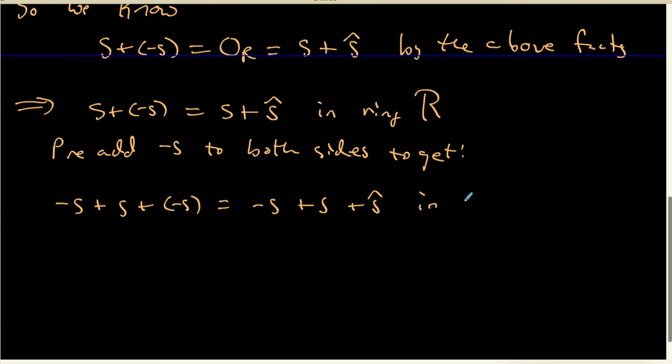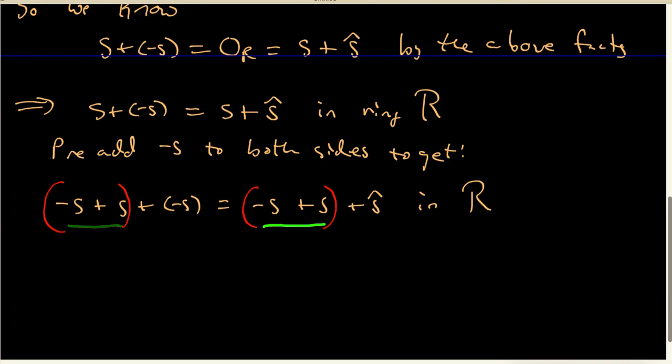And this is an equation inside the ring R. Now again, we can associate the terms however we want, because addition is always going to be associative in rings. So I'm going to put in parentheses there. And the stuff inside the parentheses is known to be the additive identity inside ring R.